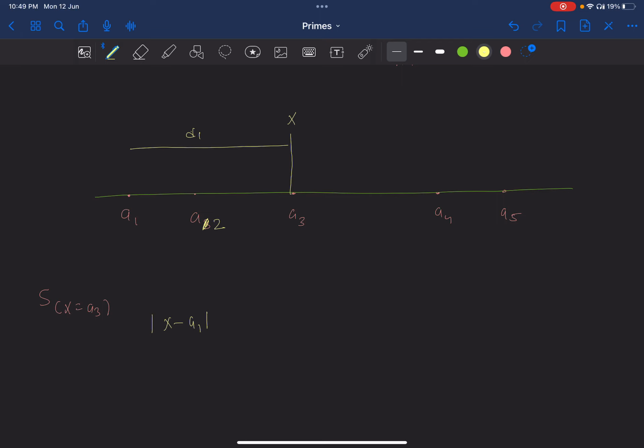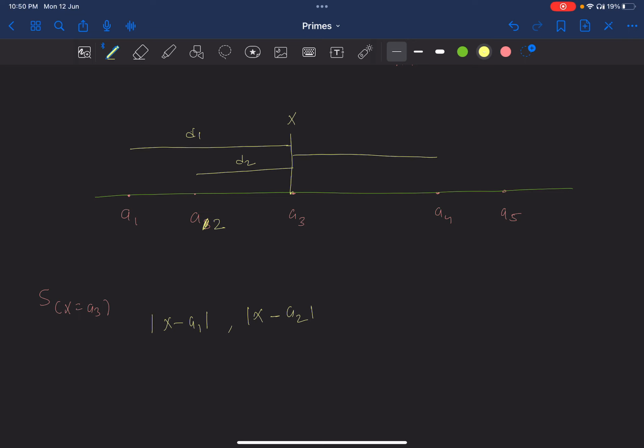Similarly, can we say that the second term, x minus A2, will be equal to this distance, D2, right? Similarly, D3 will be equal to 0 because x is equal to A3, so we will leave that. Next, we'll move to A4.